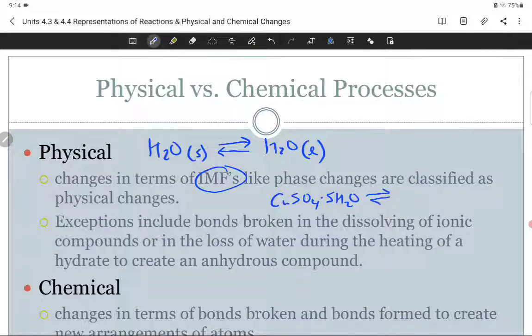And this is also an equilibrium process. It can go back and forth. It's certainly written as a chemical reaction, but there's no chemicals that are really changing here. No rearrangement of atoms. Yes, there's water that's now by itself, so I guess you could make an argument, but I think we're going to stick with that being a physical process.